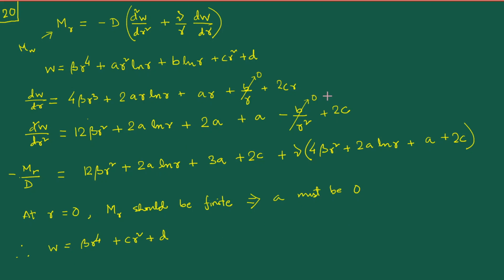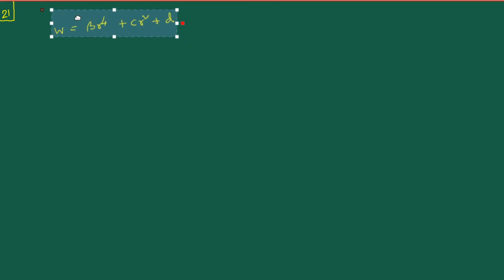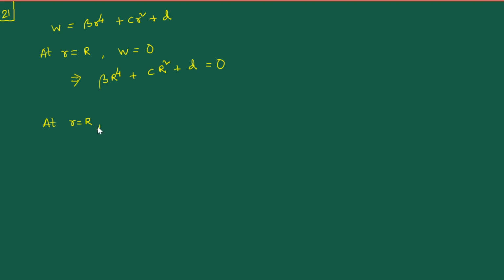Now we can utilize the boundary conditions which we had written down at r equal to capital R. So at r equal to R, we have W equal to 0, which implies beta r to the power 4 plus c r square plus d is equal to 0, and also at r equal to R, we had dw dr equal to 0.